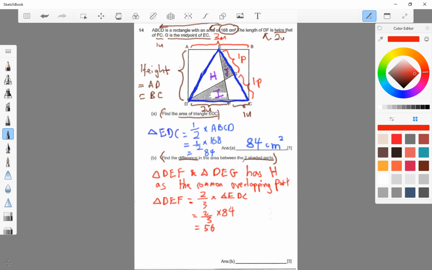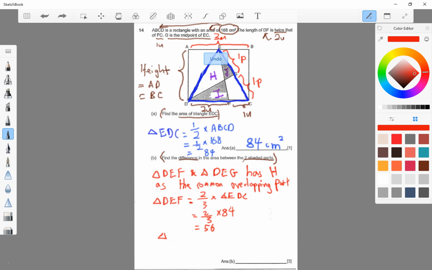Now, what about triangle DEG? You realize that if you look at triangle DEG, given that EG is 1 part, whereas EC, which is one of the sides of triangle EDC, is 2 parts, we can safely say that triangle DEG, the other triangle, is half of triangle EDC.